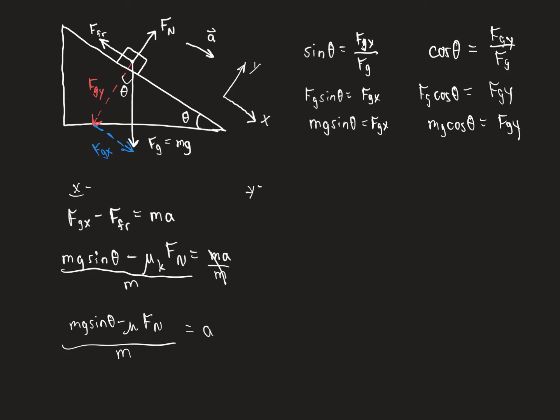Does that A look like this A? Not quite. I got a G here, and I got a G in that equation. That's good. I have a sine of theta, and I have a sine of theta there. I have a mu, and I have a mu.